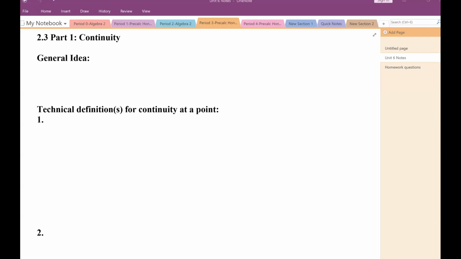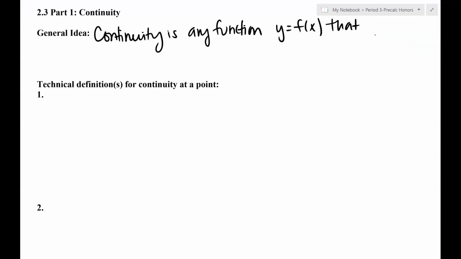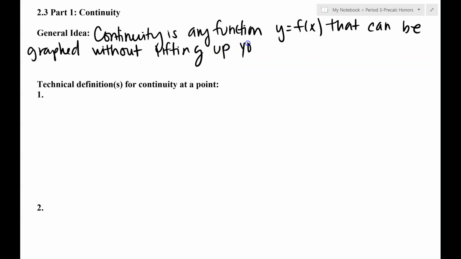So the general idea behind continuity is any function such as y equals f of x that can be graphed without lifting up your pencil.